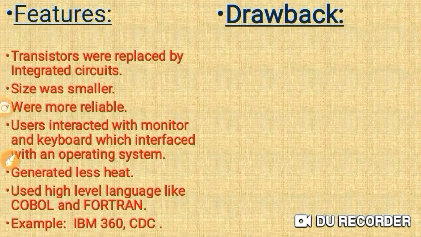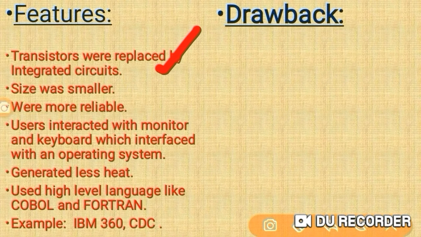Transistors were replaced by integrated circuits in this generation computer, which made the size of this generation computer small. Due to IC, the computers were more reliable. Users interacted with monitor and keyboard, which interfaced with an operating system.